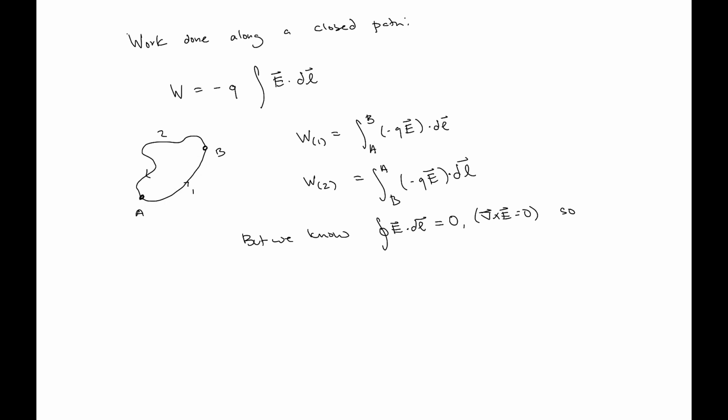So I know that the work done along path 2 has to be equal to the negative work done along path 1. This is what is true when you have a conservative force. Again, gravity is another conservative force. That means work does not depend on the path.